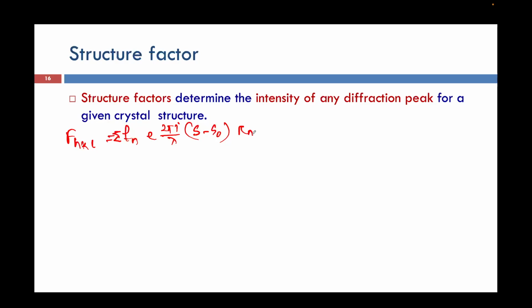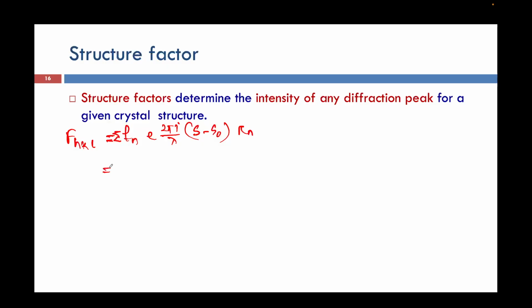So now this is our expression for structure factor, but how to calculate structure factor in terms of these, because these are the things I don't know about. S, I don't know what the unit vector in a particular direction is. S naught, I don't know. Rn, how do I define Rn, that also I don't know. So how do we calculate structure factor for a particular crystal system, that we will see now.